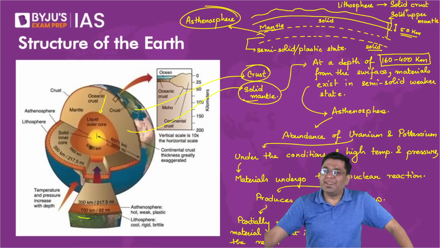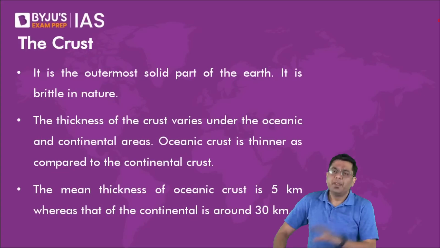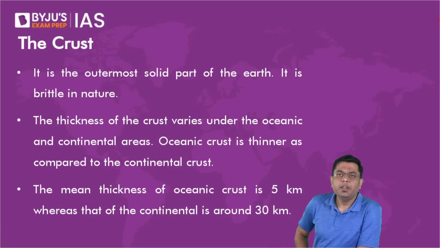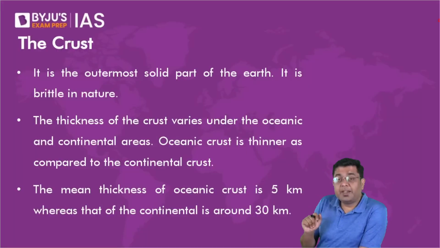Now, this is basically about the overall structure. Let us take a look at these individual layers one by one. And this is the written text of it. So, when we talk about the crust, the solid uppermost portion, it is very brittle in nature. Brittle means something which breaks easily. Whenever there is a significant amount of compression, expansion, any amount of tensional force or compressional force, it will break easily.